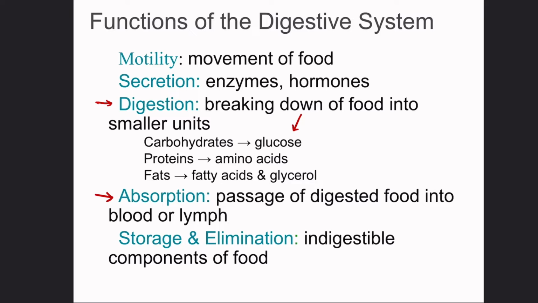In addition to this digestion and absorption, which are the major functions, the major goals here, there are some others that go along with this. First off, we have to be able to eliminate food, eliminate the stuff that we cannot digest. We have to be able to move that food through our GI tract.